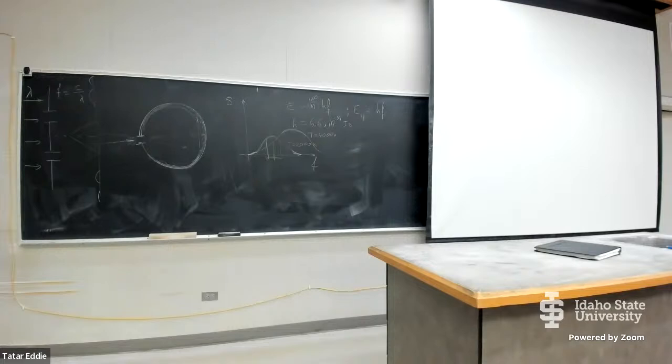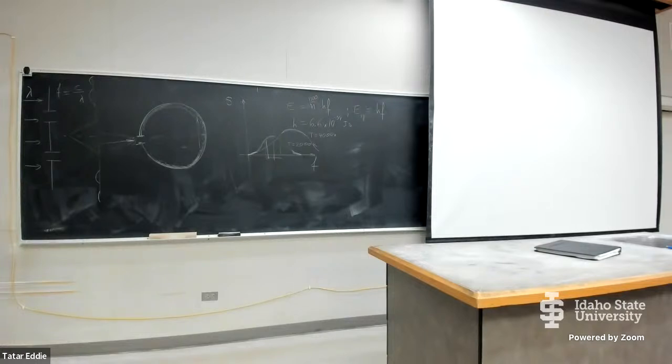You either have integer number or zero. You cannot have fractional numbers of photons, which is a typical property of particles. Right? You cannot have half an atom, right? You cannot have half an electron. So historically, this black body spectrum was the first indication that the light should be considered as stream of particles.